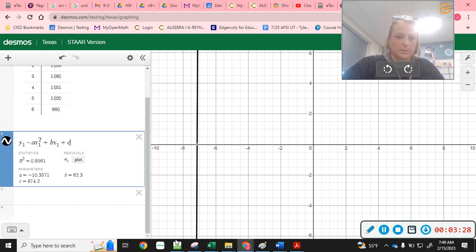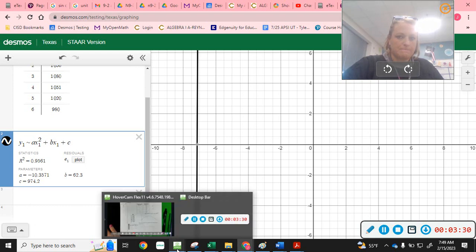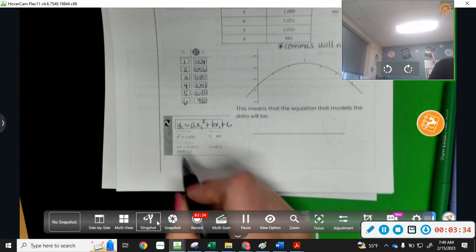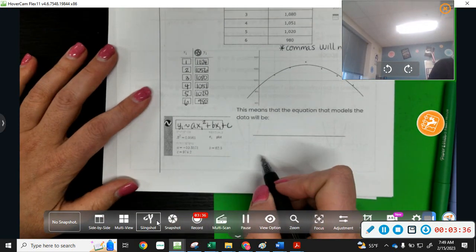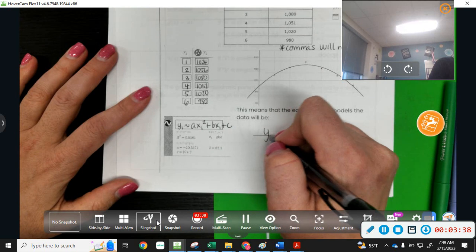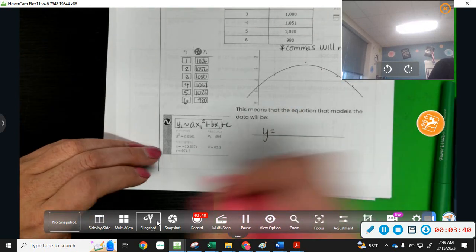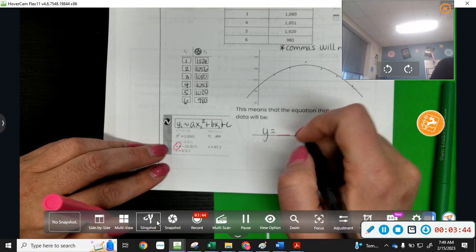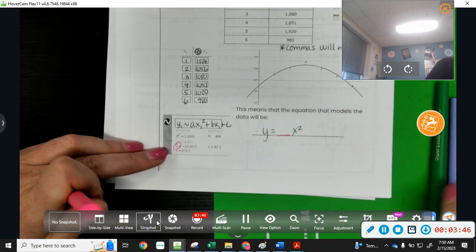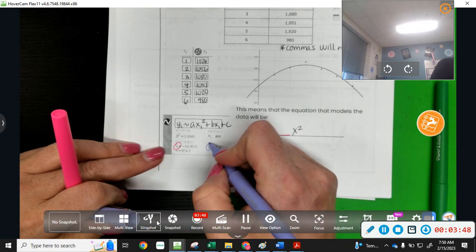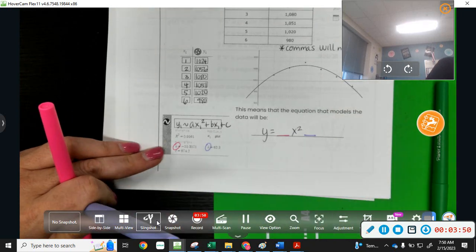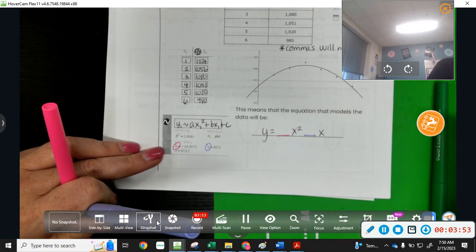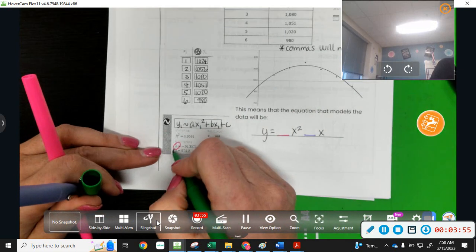And so I'm going to go back to my paper here. If you have an a, and you have a b, and you have a c, my equation is going to have y equals, my a value is going to go here, and then I'll have an x squared. My b value is going to go here, and then I'll have an x, and then my c will go here.